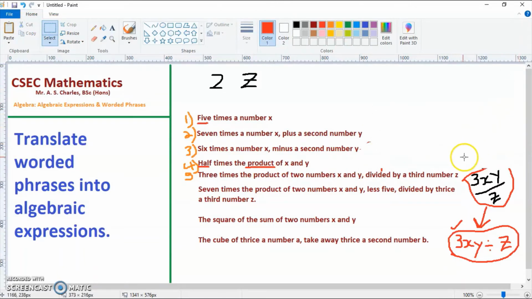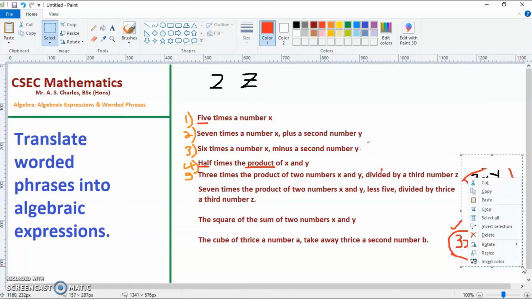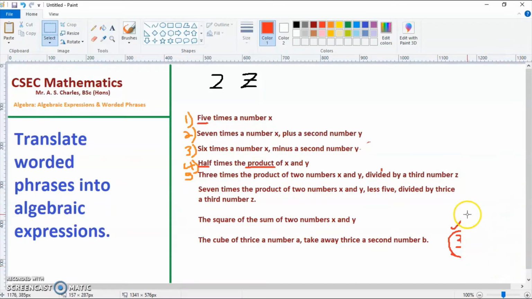Usually when you have work all over the place, your thinking tends to be crowded, so we want to have enough room to think. Good. So number 6, we have 7 times the product of two numbers x and y, less 5, divided by a third number z.